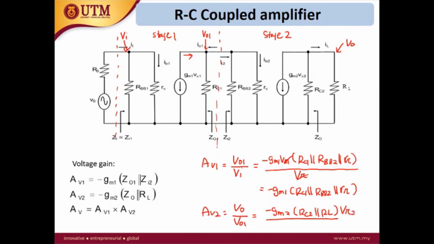Sorry, this is V pi 2, gm V pi 2. So it should be minus gm2 V pi 2. And V out 1 is actually equal to V pi 2. That's why you get this equation. When you calculate the total gain of the multistage, you can simply multiply AV1 with AV2.